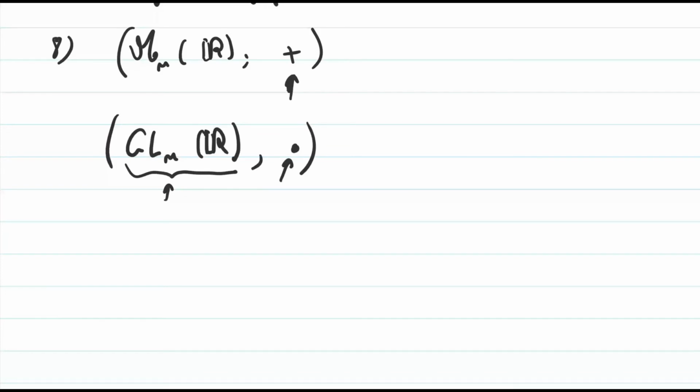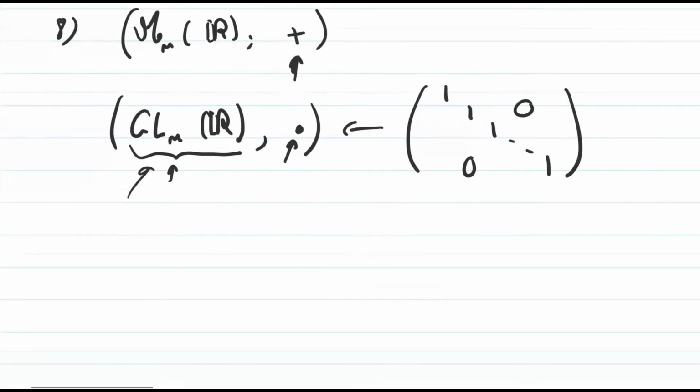This is also a group, and the neutral element here is the matrix which is 1 on the diagonal and 0 elsewhere. And the inverse of a given matrix from this set you can calculate. It has a formula involving the determinant, etc. It's not very important for us in this course, but just an example.